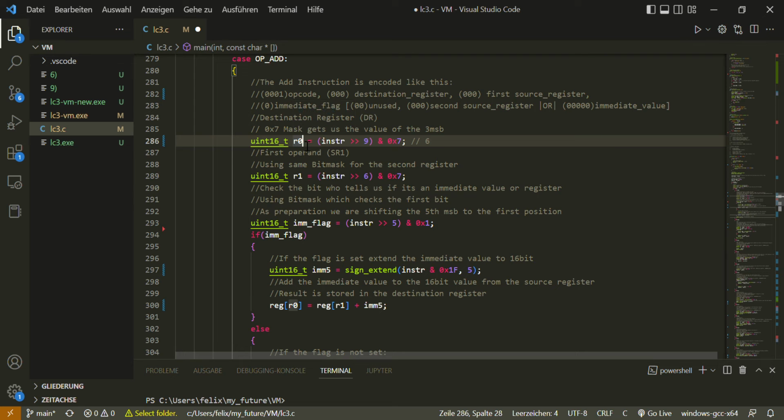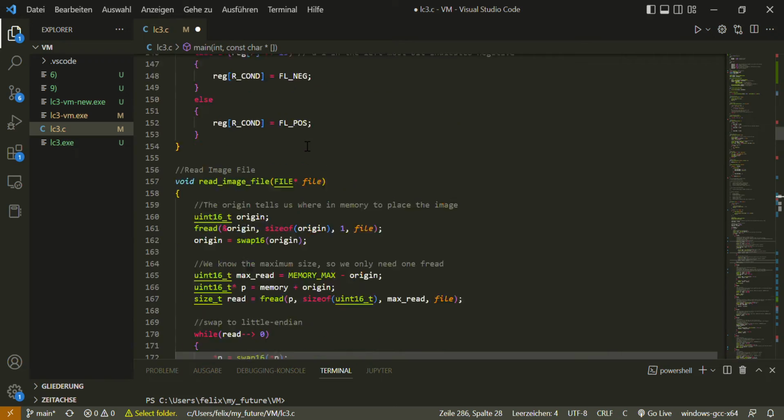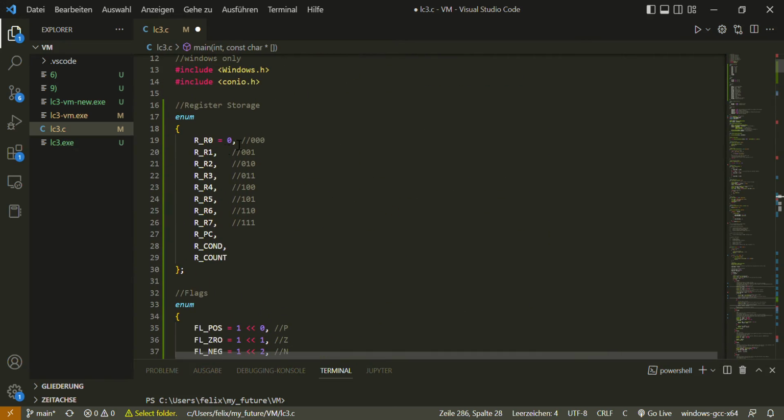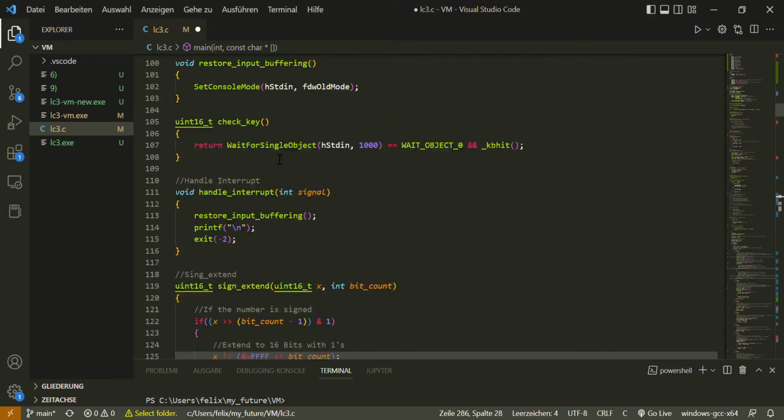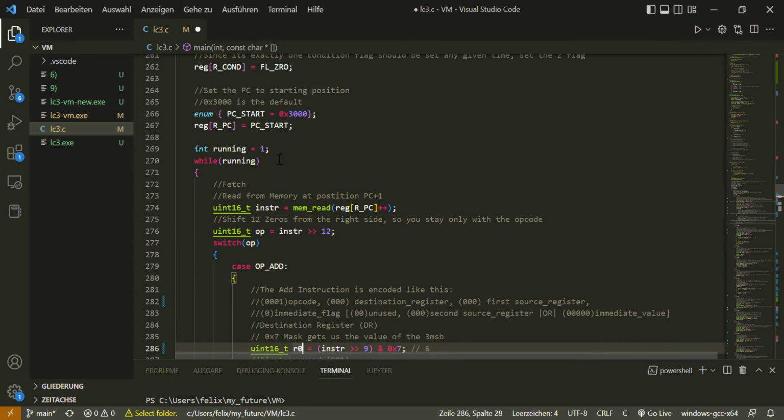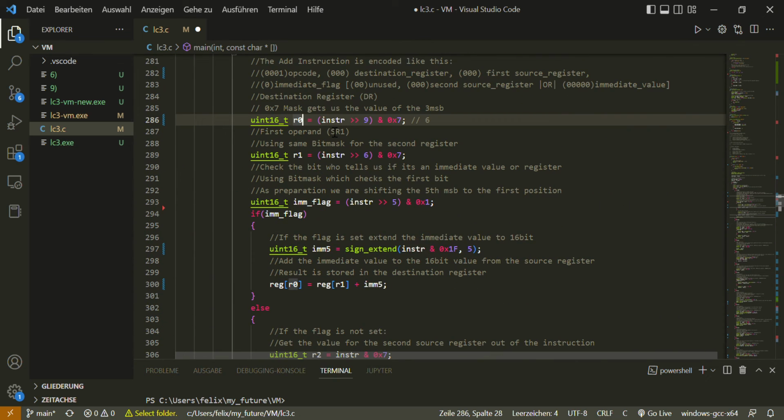The R0 does not mean we are using the R0 register. It's just a name for the variable. We are going to store our result in the value we assigned to this variable.